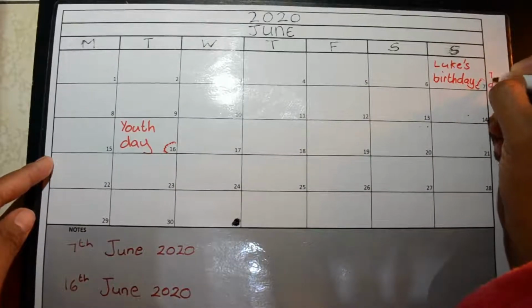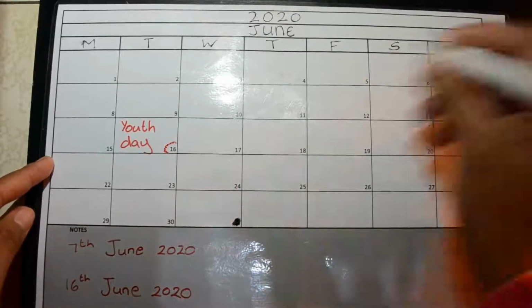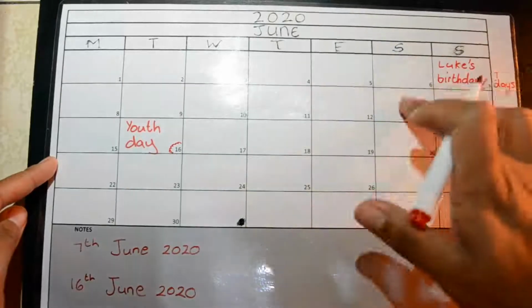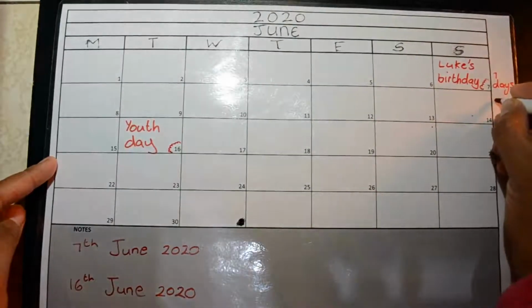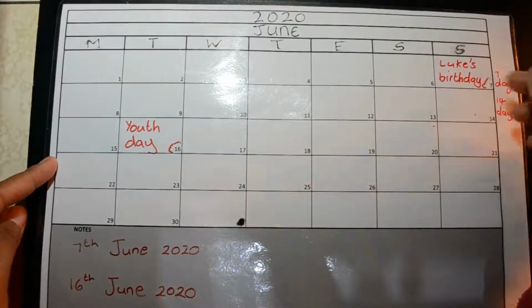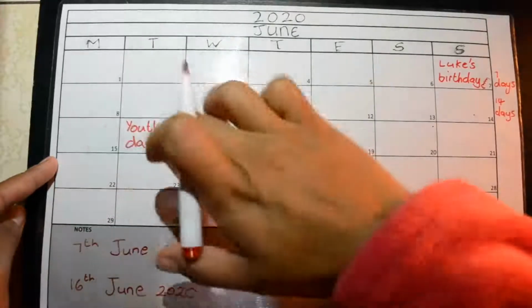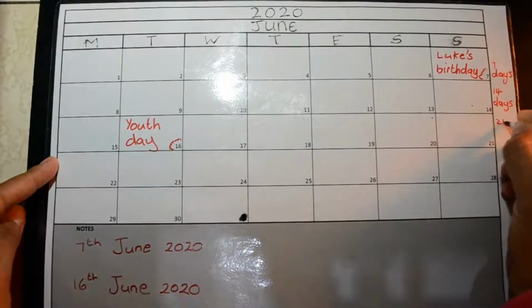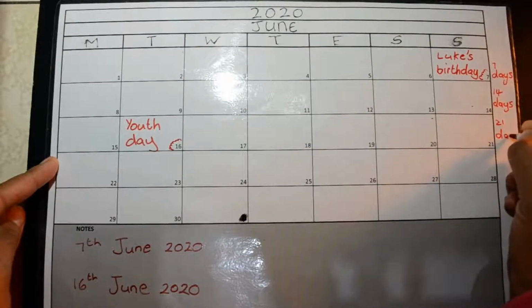So I'll just put these 7 days. And then if it's 2 weeks, so that's 7, 8, 9, 10, 11, 12, 13, 14. 14 days in 2 weeks. And 3 weeks, 14, 15, 16, 17, 18, 19, 20, 21. 21 days in 3 weeks, okay?